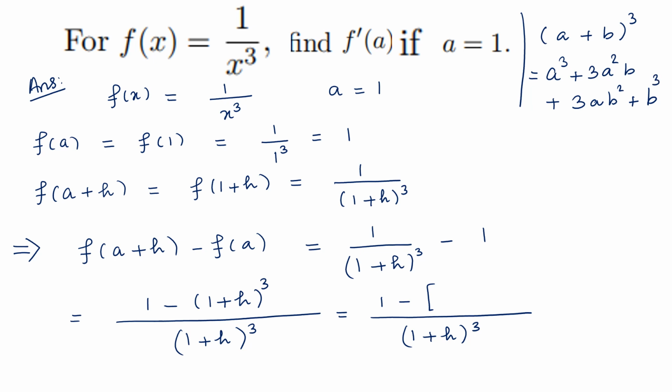Replace here a value 1, b value h. 1 cube is 1, plus 3 times a square, so it is 3 times 1 square, times b, which is h: 3h. Then plus 3ab square, a value 1, b value h, so 3h square. Then plus b cube is h cube.